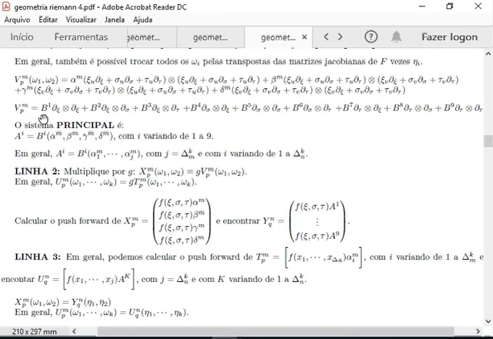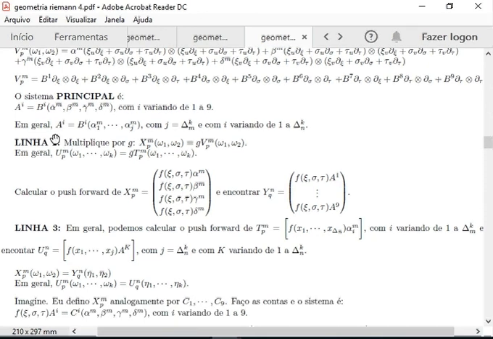VPM is B1, B2, B3, B4, B5, B6, B7, B8, B9, written on that basis. And the main system is AI equals BI at alpha m, beta m, gamma m, delta m from 1 to 9.